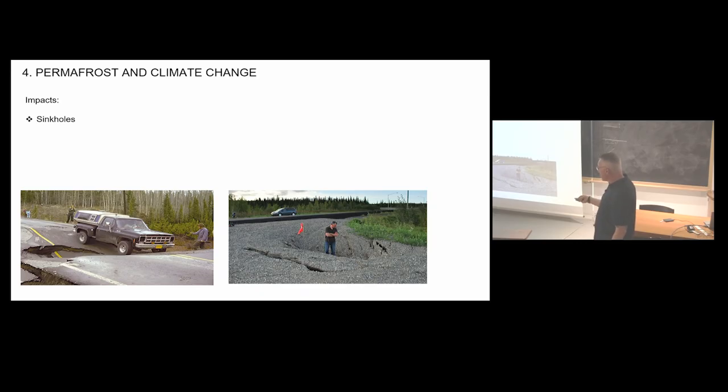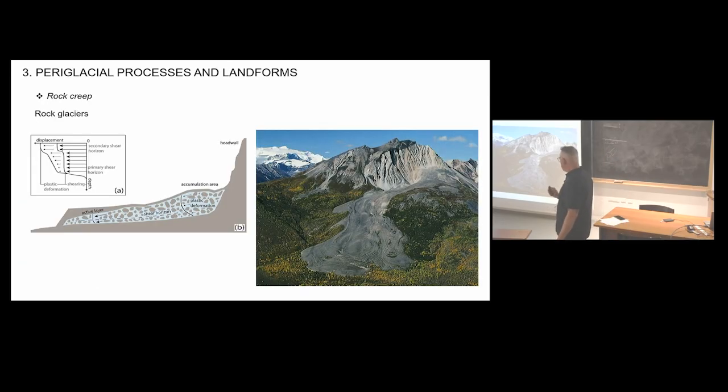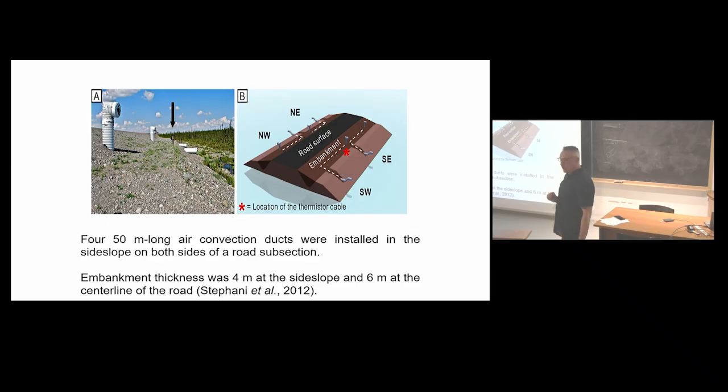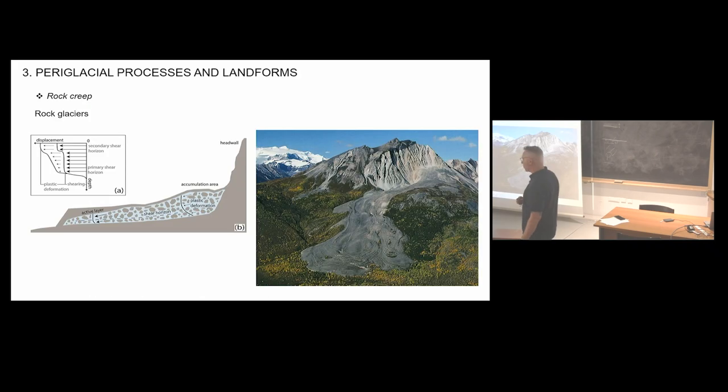So you can also have on the roads formation of sinkholes, so very complicated for infrastructures. But, oh, this one I'll skip. But we also design mitigation measures to freeze back the permafrost, where we have roads, and we use natural processes inspired by rock glaciers.